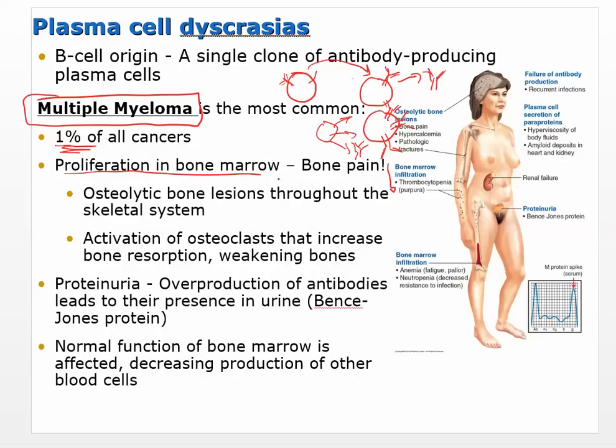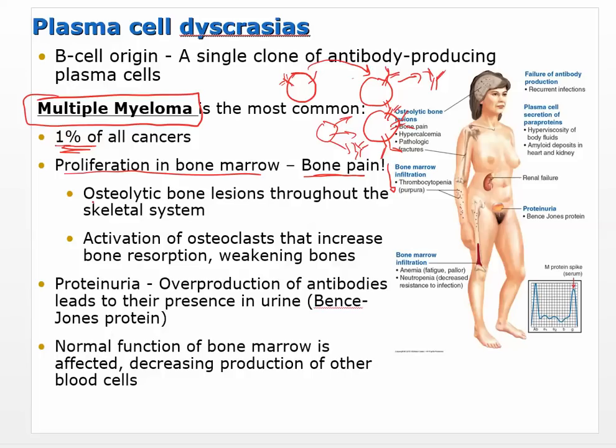The plasma cells are moving back to the bone marrow, and that can cause bone pain. Now you have the proliferation of a specific clone of these antibody-producing plasma cells. So the B cells turn into plasma cells, and you have more bone marrow and an increase in bone pain.